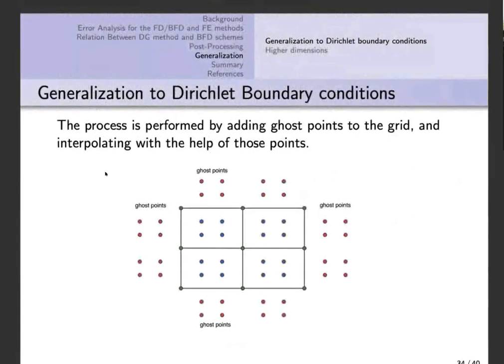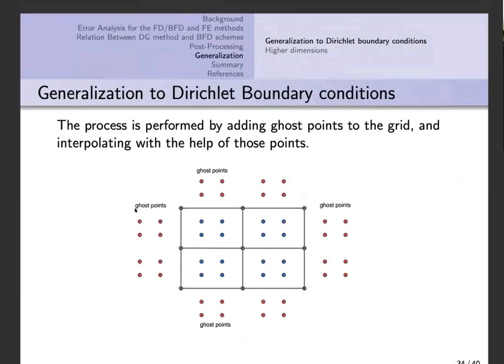So the two generalizations that were made in this work: the first one was to move to Dirichlet boundary conditions instead of periodic. So we added a series of ghost points. In that case, we used a feature of the finite difference method.